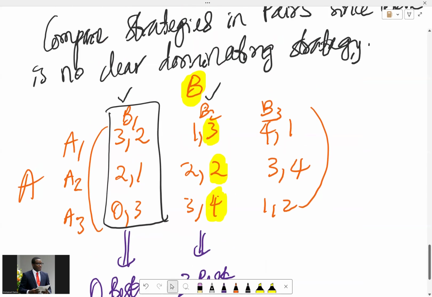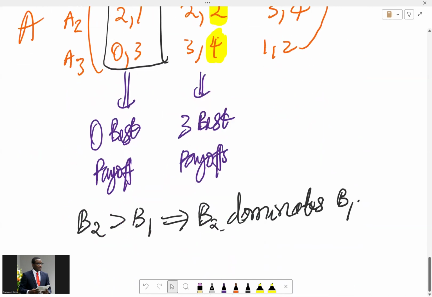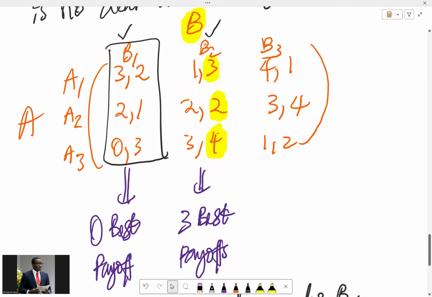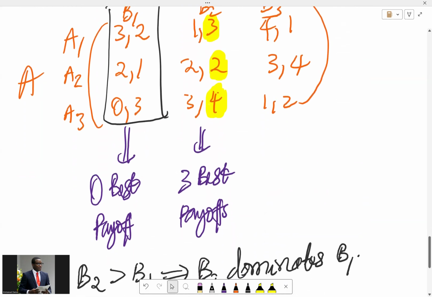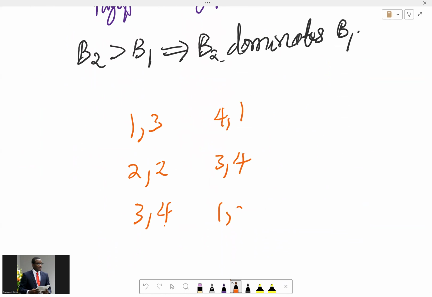Okay. So, like you've seen, try it globally. If it doesn't work globally, then do pairs. So in the next step, we just have B2 and B3 across this. So that will be 1 3, 2 2, 3 4, then 4 1, 3 4, 1 2.